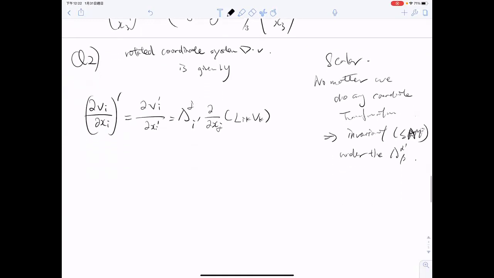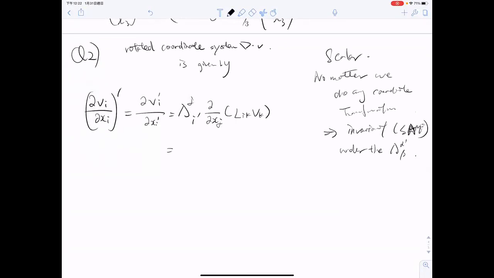Yeah, we can write it in this form, which is completely x_j over x_i prime.